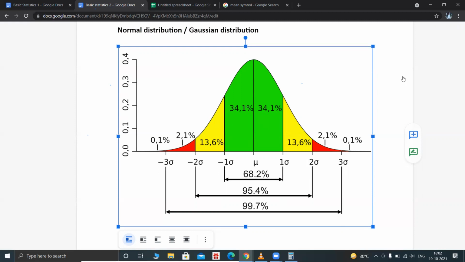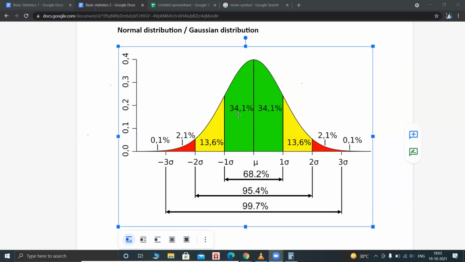Whatever green part you're seeing is one standard deviation from the mean. It could be on the negative side or the positive side. Just try to remember this: one standard deviation from the mean, right?